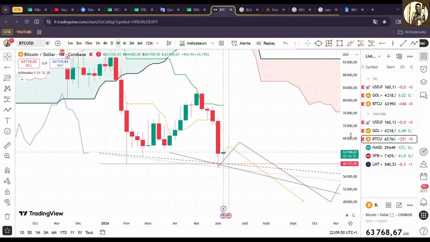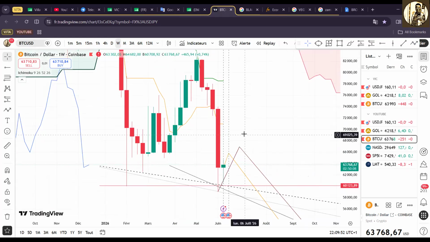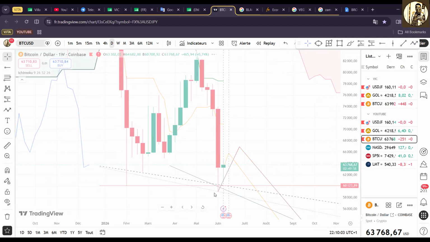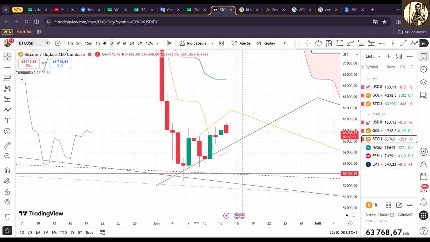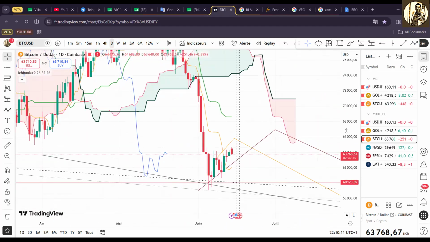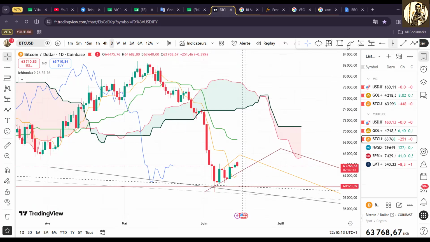Now when we go on daily from where we are now, what you need to understand is that we need to use a vegetation cycle. And what we understand by vegetation cycle is that from this new trend, this one is the first Tenkan touch on daily. It means that since we are on the first setup daily, right?